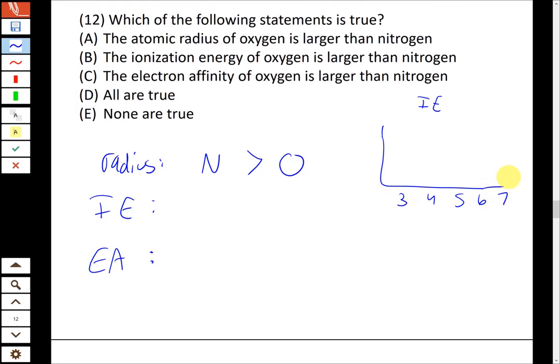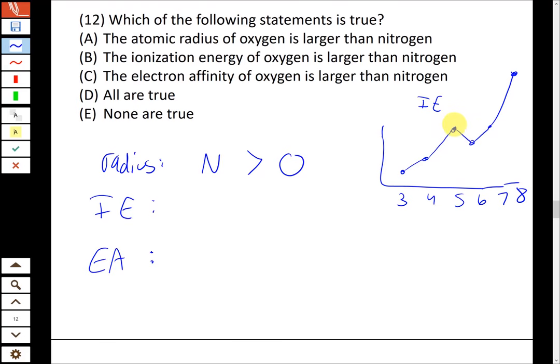As we go through the different groups on the periodic table, the different columns, it's going to be relatively low for group 3. It's going to increase for group 4, and then group 5 is going to be abnormally high, and then it'll come down again before group 6. And then it's going to shoot way up for group 8, if you care about that one, but that's super high.